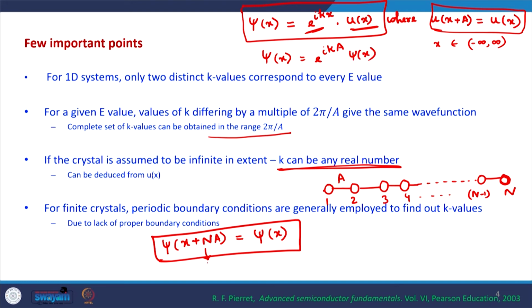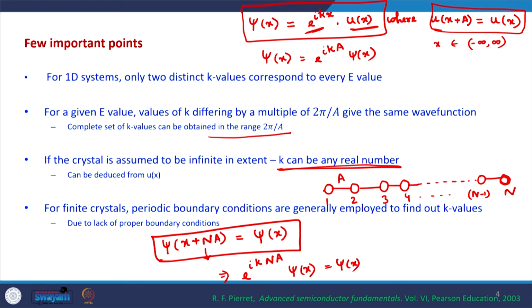psi(x + Na) would be exponential of i k times Na, psi(x), which would be equal to psi(x), because according to the periodic boundary condition, Na is also the period of the potential profile.